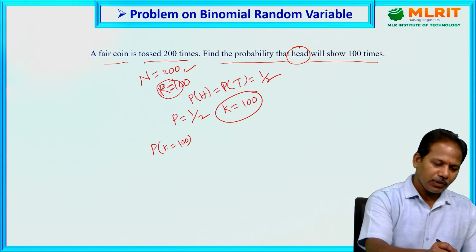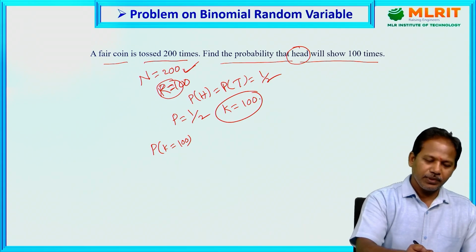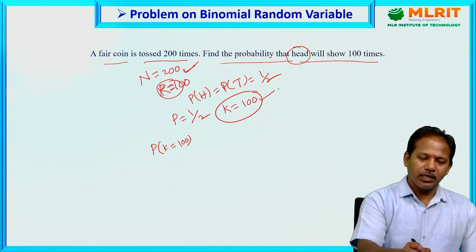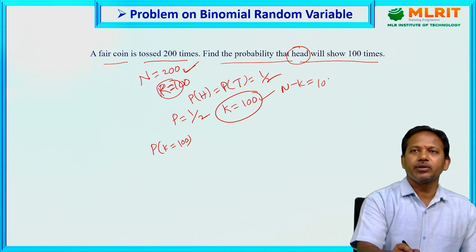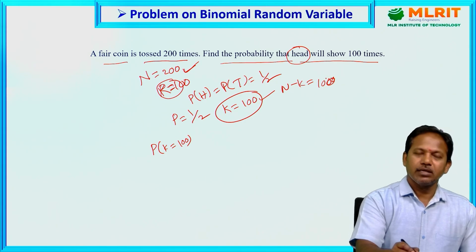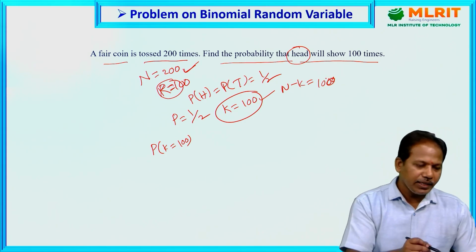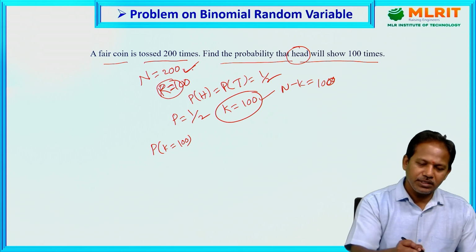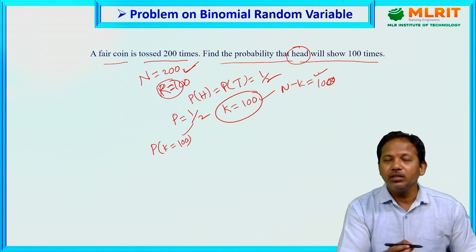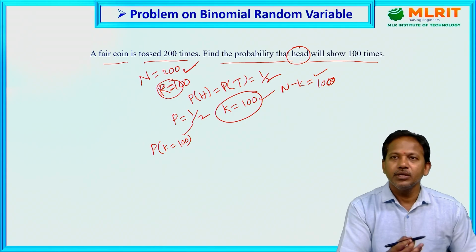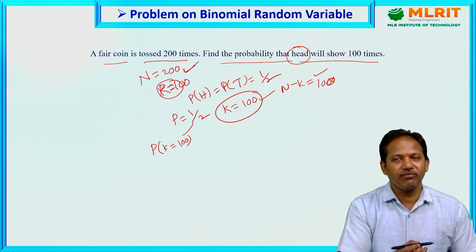Here N equal to 200, K equal to 100 and N minus K is 200 minus 100, 100. Here N is very large, K is very large and N minus K is also very large. All these three values are very large, which means we cannot find N factorial directly. It is very difficult to find N factorial by using the binomial coefficient.